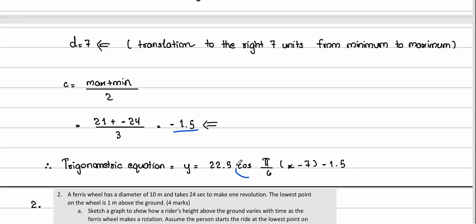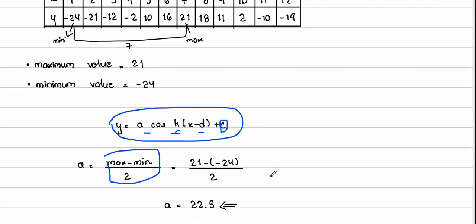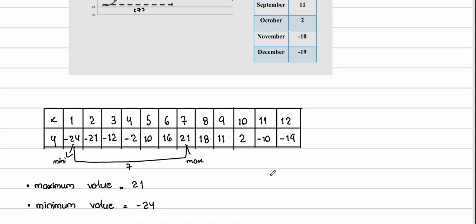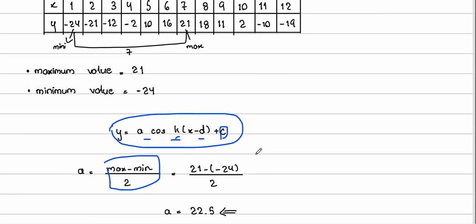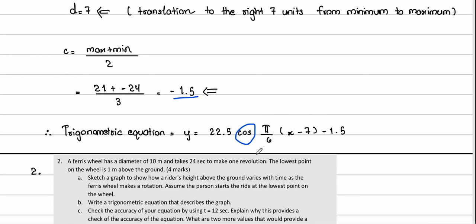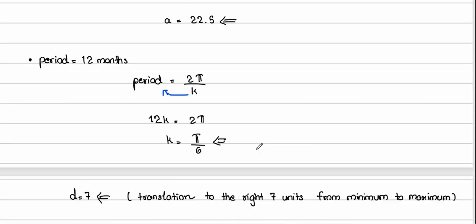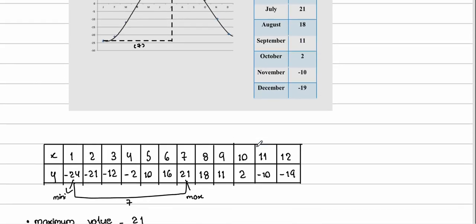The reason I chose the cosine function is that I've already checked the answer. The sine function gives a slightly different result, so I think the cosine function is more suitable than the sine function. So this is the answer for the first question.